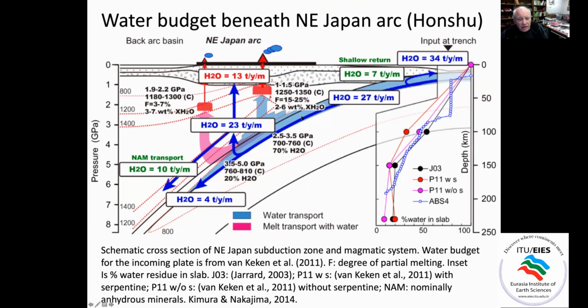You can do thermodynamics to tell you what the stabilities are, and from that calculate the water that has to be released. You can do mass balance on the water that's coming out in volcanoes, and you go, okay, let's see. Looks like 13 tons of magmatic water per year per meter of arc, but coming in is about 34 tons per year per meter.